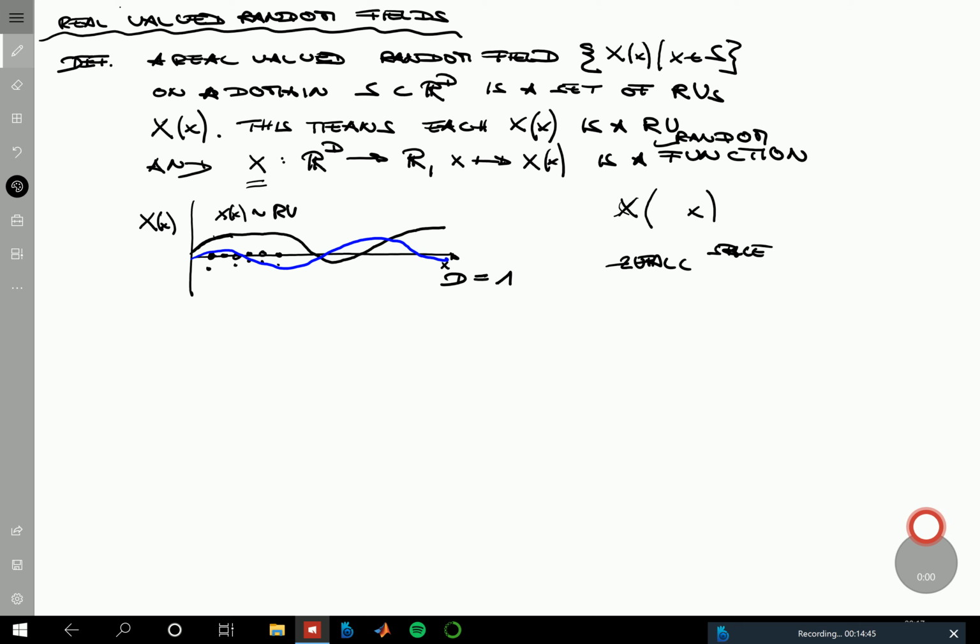So if you have a random vector x that is distributed according to a multivariate normal distribution centered at 0 and with a given covariance matrix, you get this vector. This vector is n-dimensional. And you plot this vector as a function.